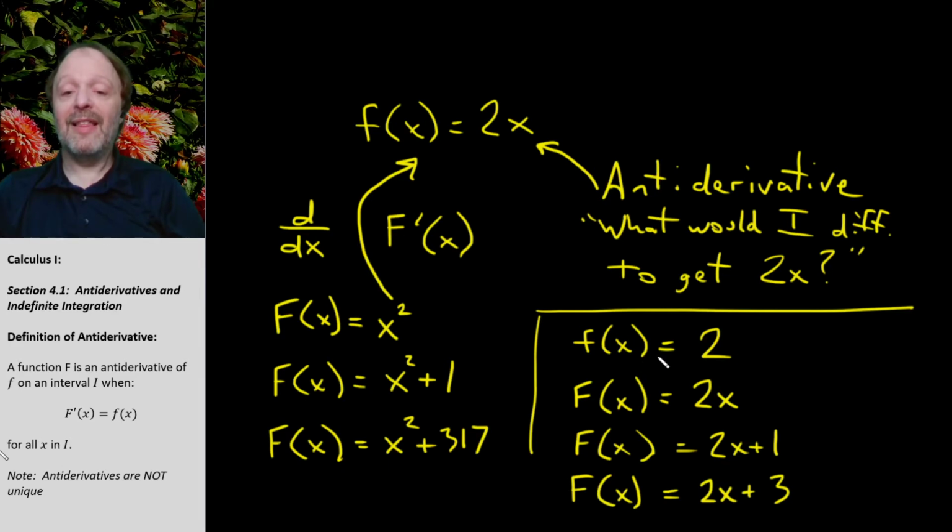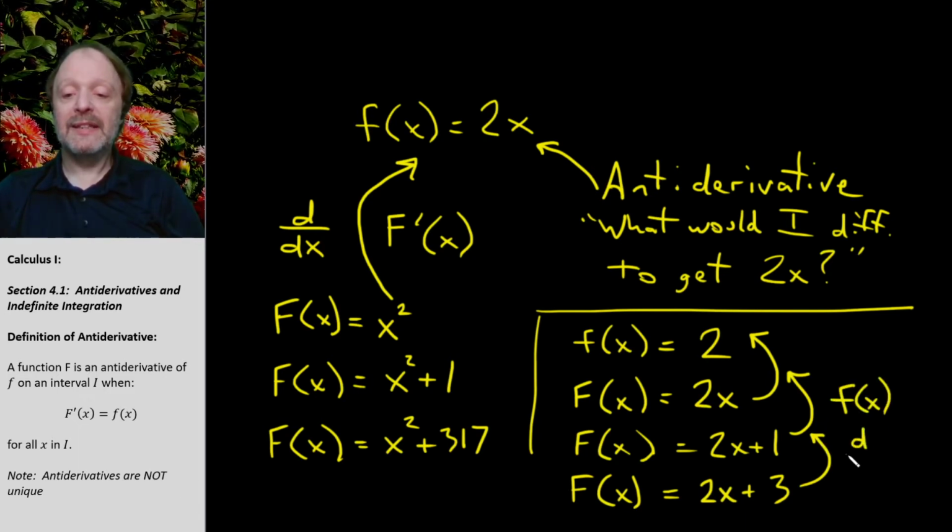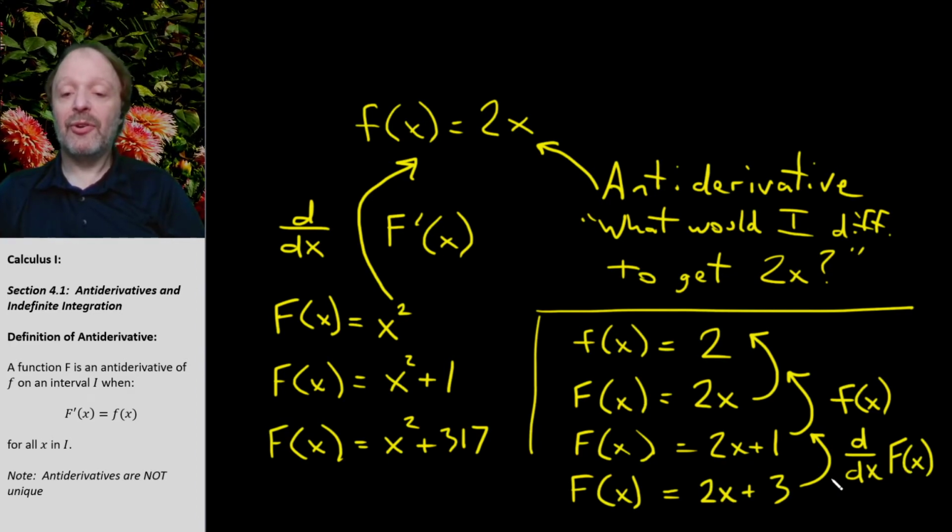So in a weird way, when I go this way, I'm taking the derivative when I'm trying to get back to the original f of x. I get that by doing d/dx of F of x. So what's preserved?